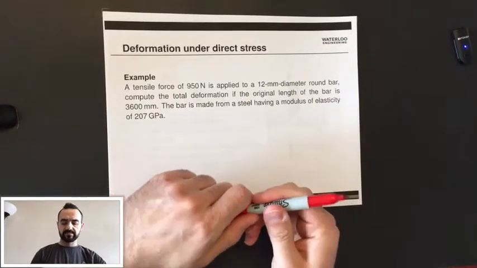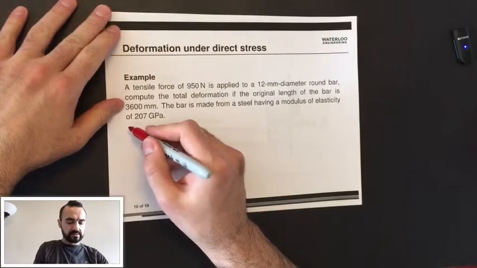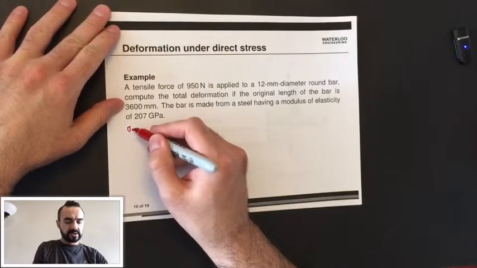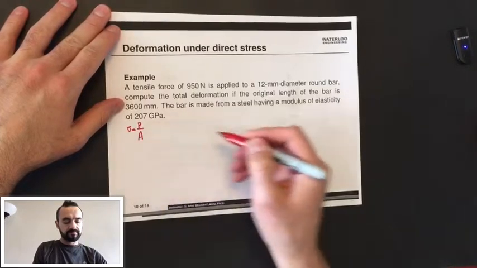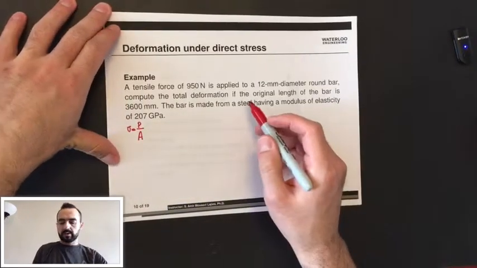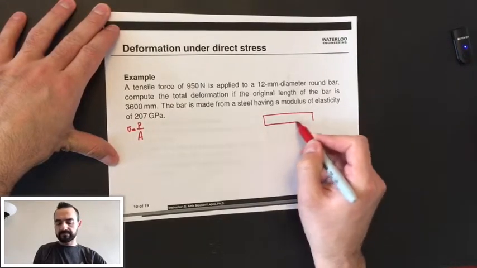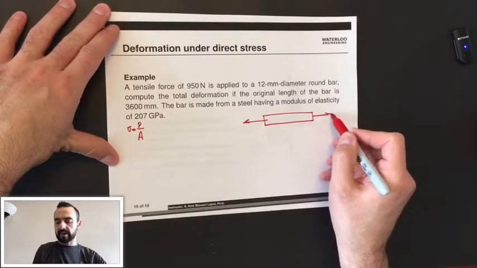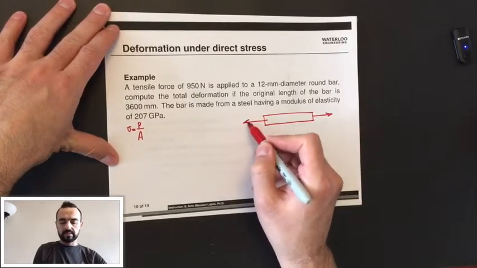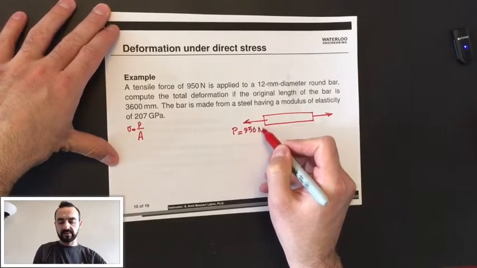For the stress, we have sigma equals P over A. We have a simple uniform round bar under tensile load P, and P is 950 Newton.